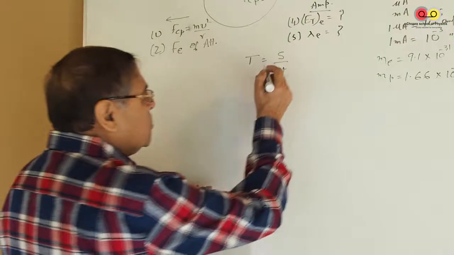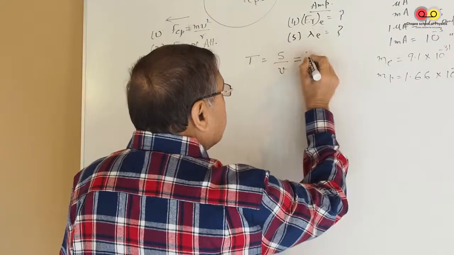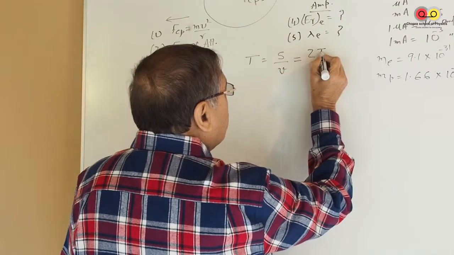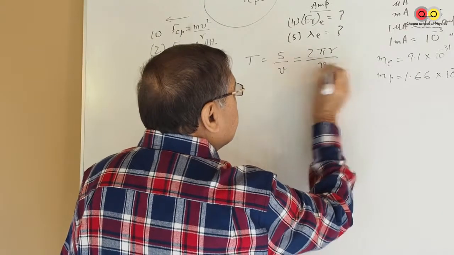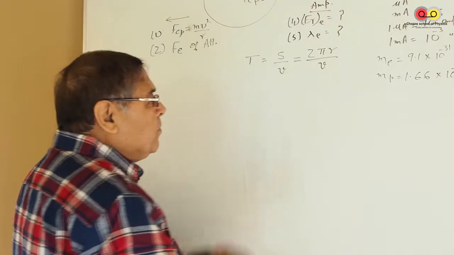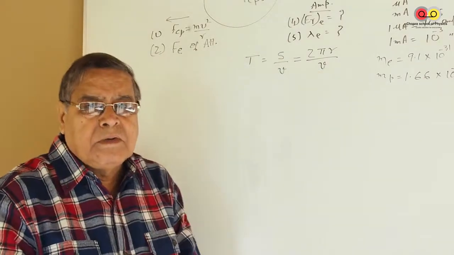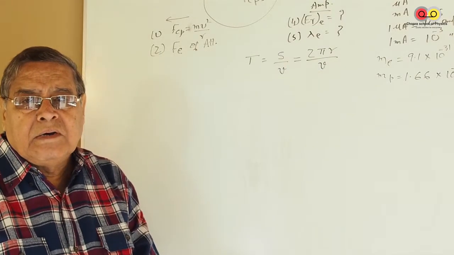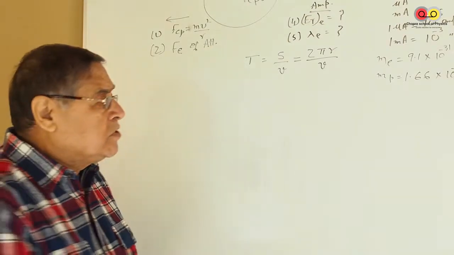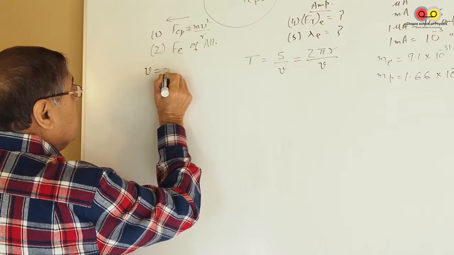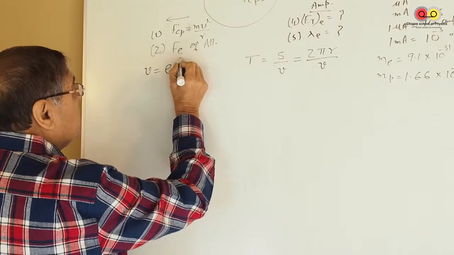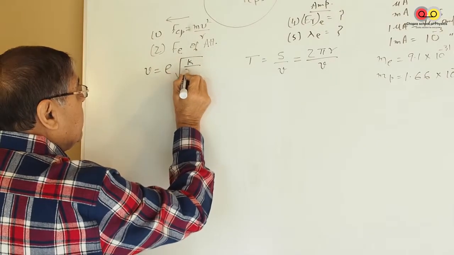So it is now 2 pi r. Here I am writing 2 pi r, and v is supposed to be the speed. And if you recollect, we have estimated speed earlier, and speed was estimated by the function e times the square root of k by r.